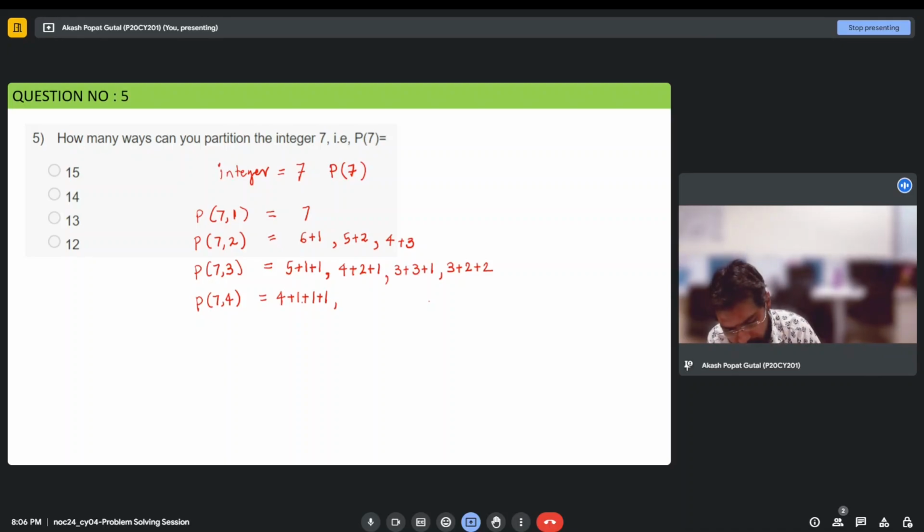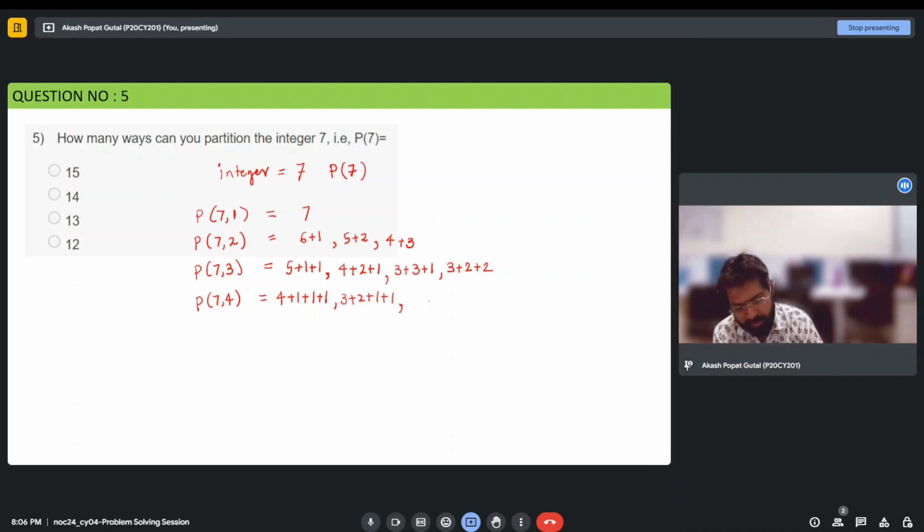Then, if you reduce 4 once by 1 and add 1 to the next number, that will be 3 plus 2 plus 1 plus 1, 2, 3, 5 plus 1, 6 and 7.